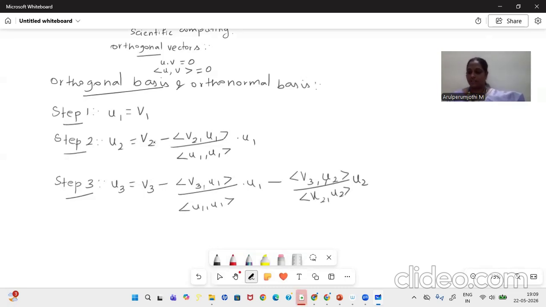So these are the three steps to find orthogonal vectors.